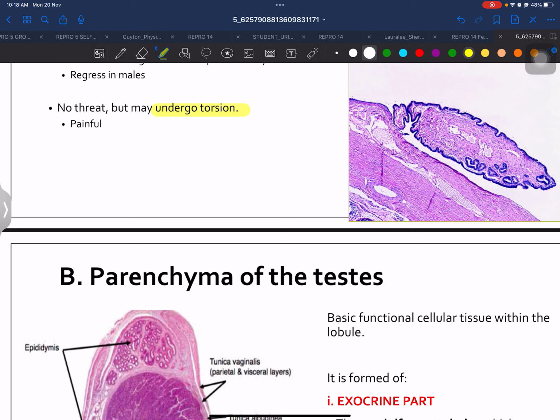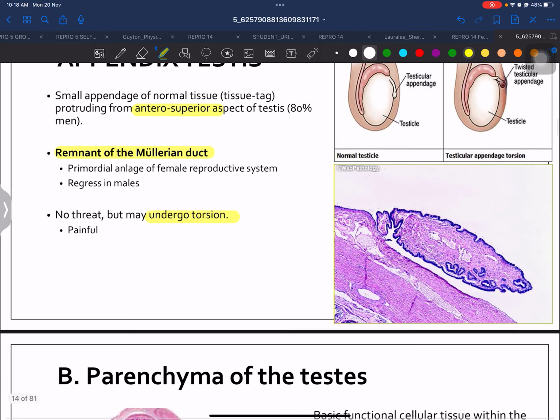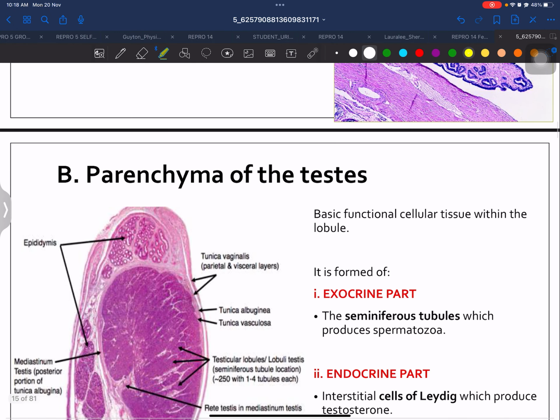So these are the normal testes, and these are the testes whose appendages have been twisted. So that is stroma.